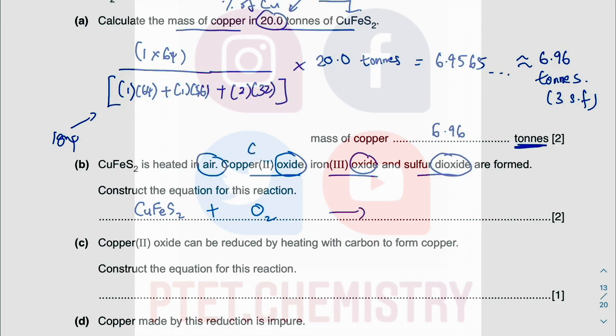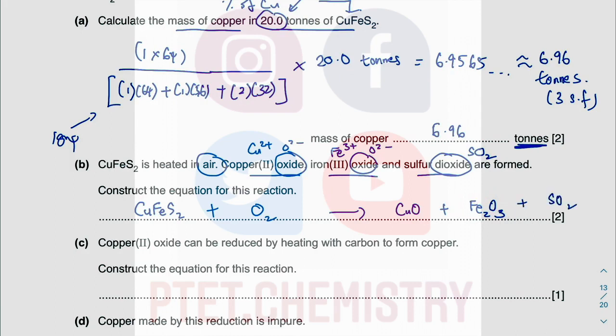Cu2+ O2-, Fe3+ O2-. The dioxide is a molecule, sulfur dioxide, as you know from the contact process, SO2. So CuO, based on how the ions recombine, Fe2O3. You need 2 times plus 3, which is plus 6, and 3 times minus 2, which is minus 6.